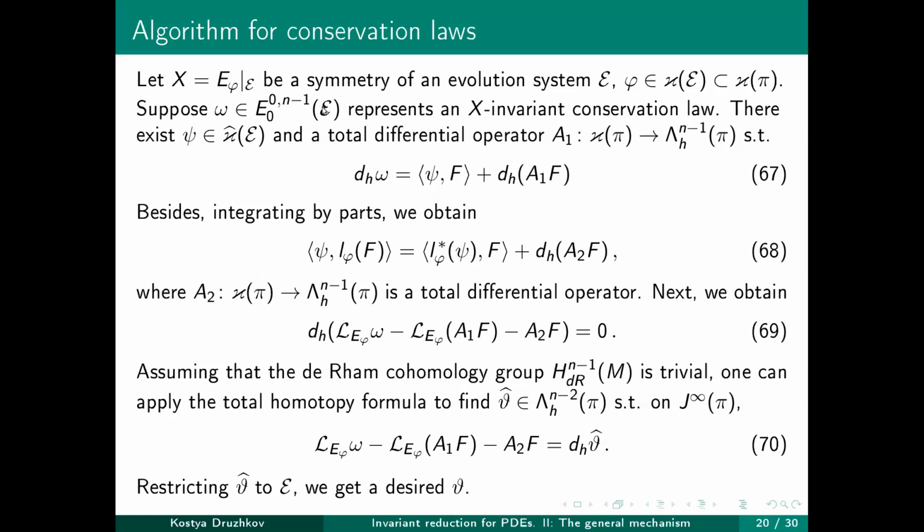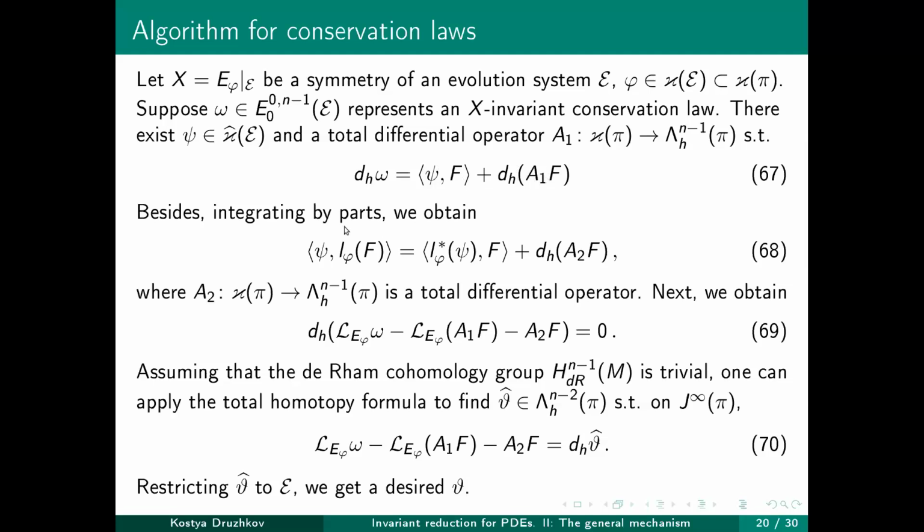We consider elements of this group as horizontal n-1 forms, so we can apply the horizontal differential. And on the right-hand side, we have this characteristic part, a zero-order differential operator applied to f, and a non-zero-order operator applied to f. This is how we get an operator A1 of this form.